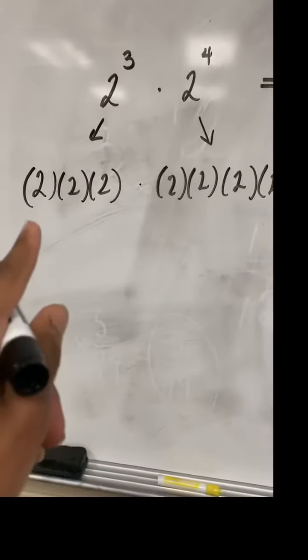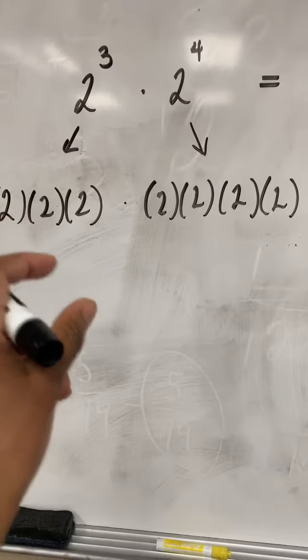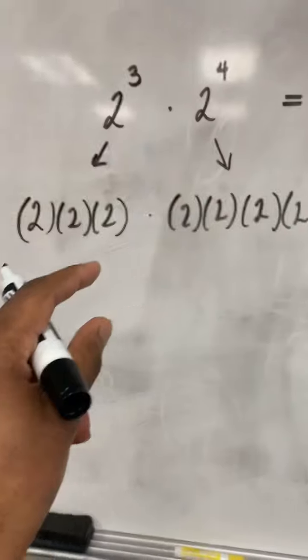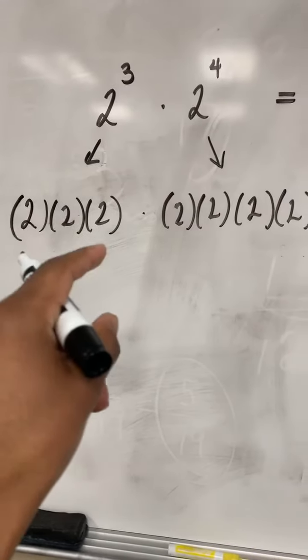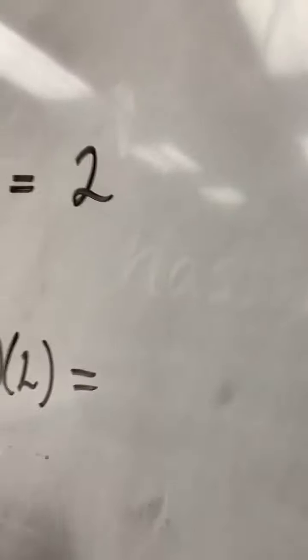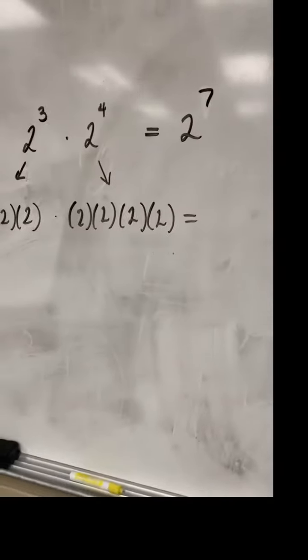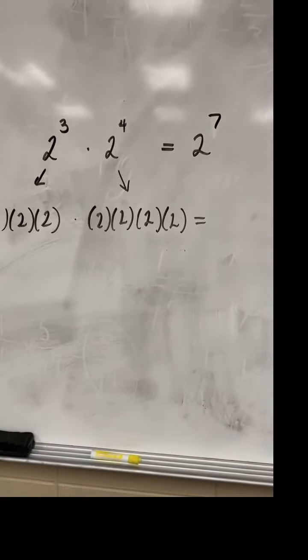And the answer comes when you count all of these up. If you got a third power over here, then you got this fourth power over here. If you add up the 2's, you got 1, 2, 3, 4, 5, 6, 7 of them. So basically your answer or your question mark should say 2 to the 7th power. And that's pretty much how this exponent rule works.